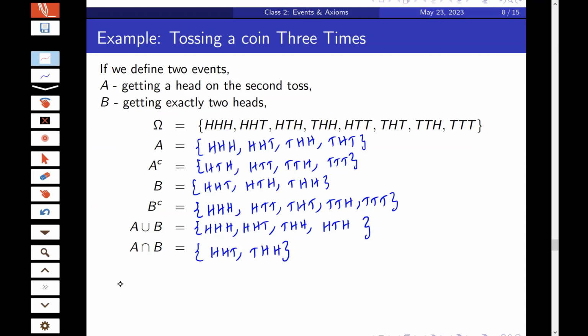Now I want you to find A union B complement.